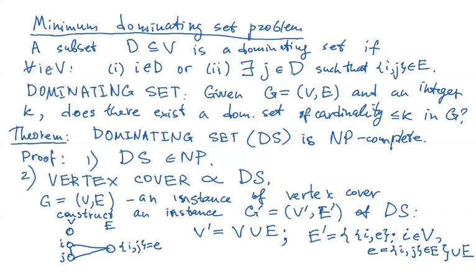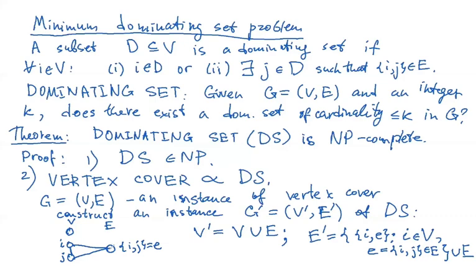On the other hand, let's say our dominating set of size k in graph G prime contains a vertex from the set E. Then what we can do is replace that vertex from the set E with either I or J. Clearly, any vertex from the set E can dominate only two vertices, which are I and J, because it's adjacent to only two vertices in the graph G prime.